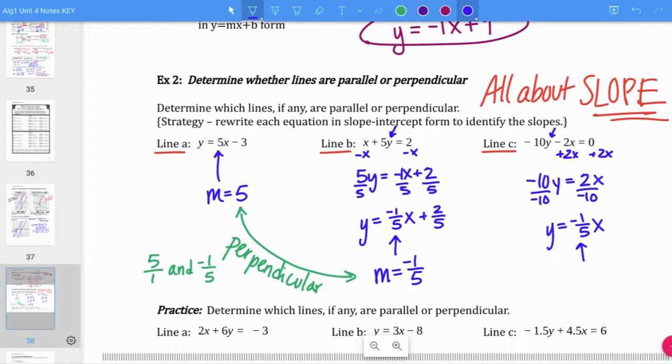There's my slope. My y-intercept is nothing here, plus 0. It's going through the origin. Doesn't matter. I'm most interested in the slope. The slope is negative 1/5, which happens to be the same as this one, making these two lines parallel to each other. All about slope. Compare the slope of each of the lines.